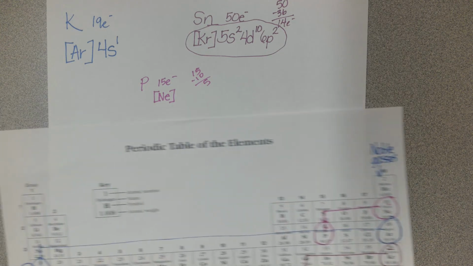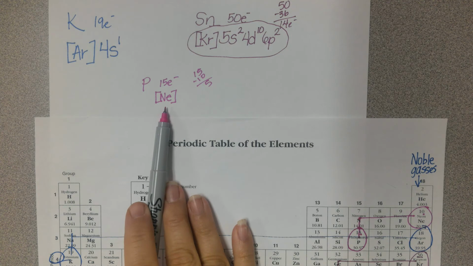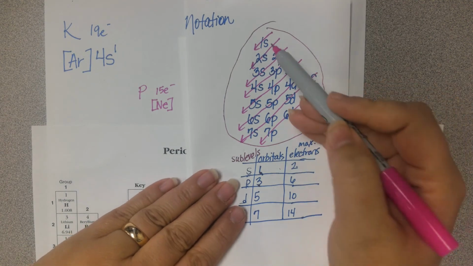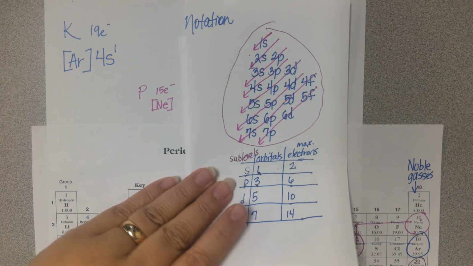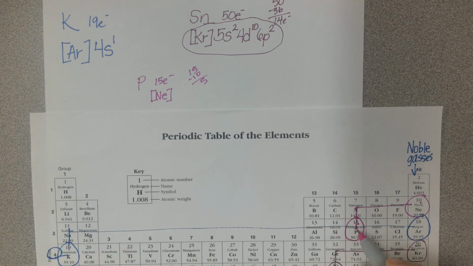So I have to know which sublevel to start at. And since neon's 10 electrons have filled up 1s, 2s, and 2p, to figure out what sublevel to pick up in, I'm going to go back to phosphorus.